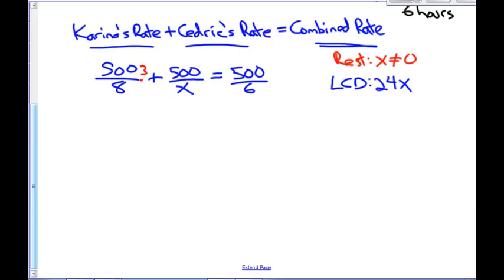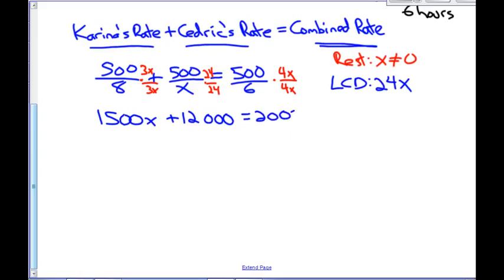So this one needs to be multiplied by 3x over 3x, this one by 24 over 24, and this one is going to be multiplied by 4x over 4x. So that's 1,500x plus 500 times 24 is 12,000 equals 500 times 4, or 2,000x. And all of these were over 24x.